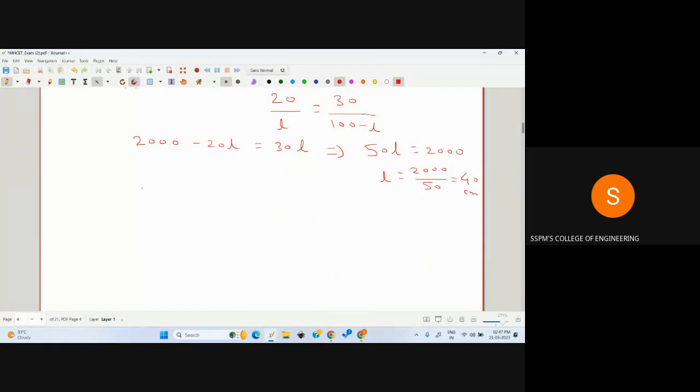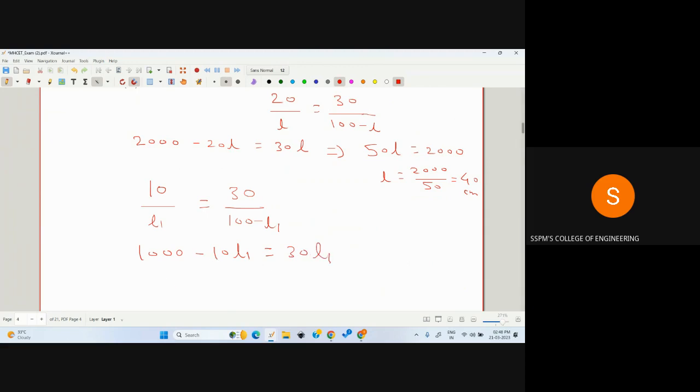The left resistance becomes 10. Let the new position be L1. The right resistance is 30 and is not changing, so the right length is 100 minus L1. So it becomes 1000 minus 10 L1 is equal to 30 L1.